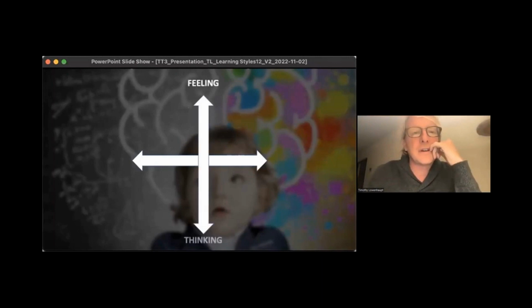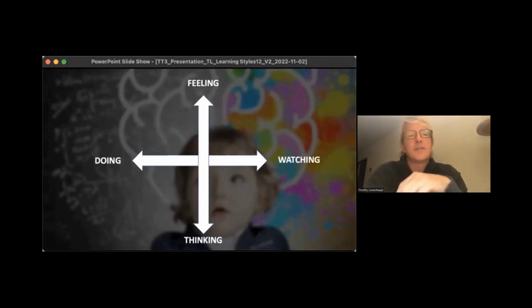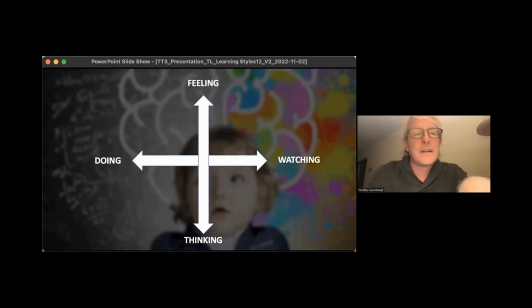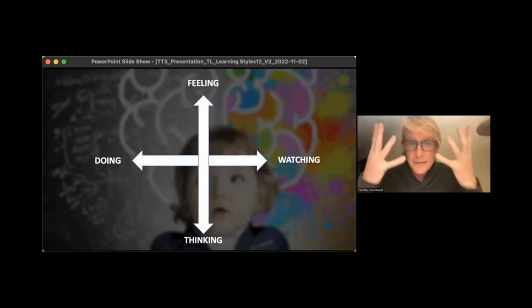So first of all, oops, it's backwards. Okay. On that horizontal axis, where it says watching and doing, translators, sorry, there's five languages. We can't put them all on the same slide. So some people take in information by watching, observing.